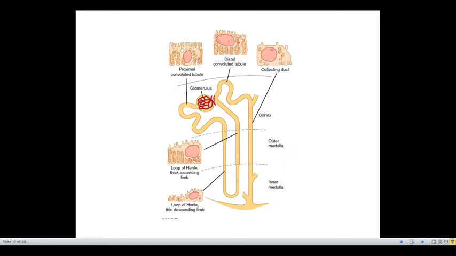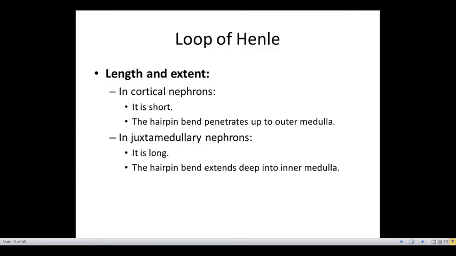This figure shows the diagram of a juxtamedullary nephron. Note the histologic features of cells that make up each portion of the tubule. The length and extent of the loop of Henle.